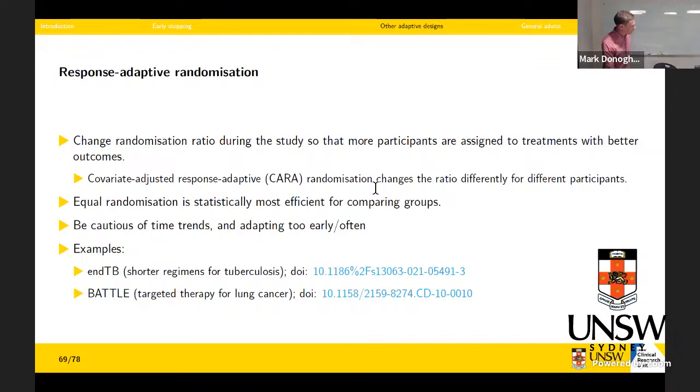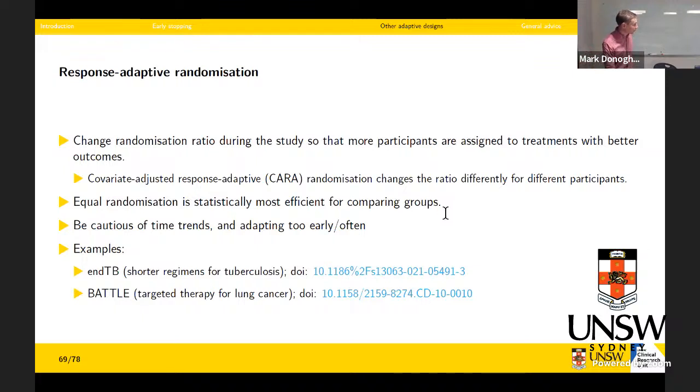A couple of caveats to keep in mind. So this is obviously beneficial in the sense that participants are more likely to get a treatment that's going to work. Caveats are that equal randomization is statistically the most efficient for comparing groups. So if you go away from equal randomization, you might end up lowering your power and ending up needing more participants in total anyway.